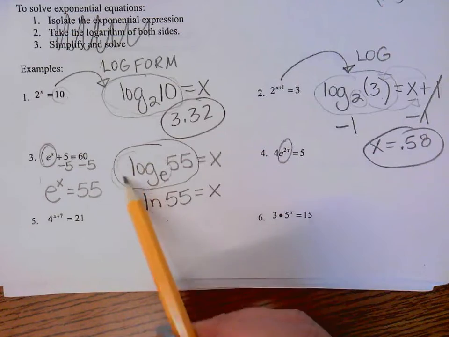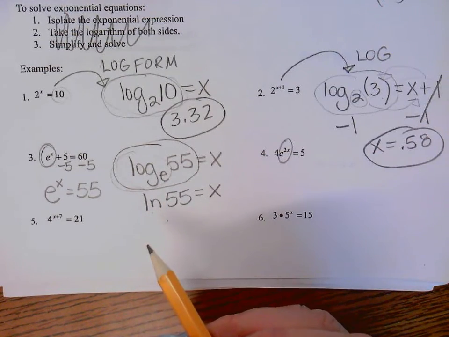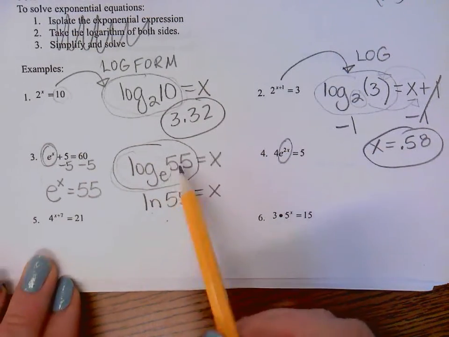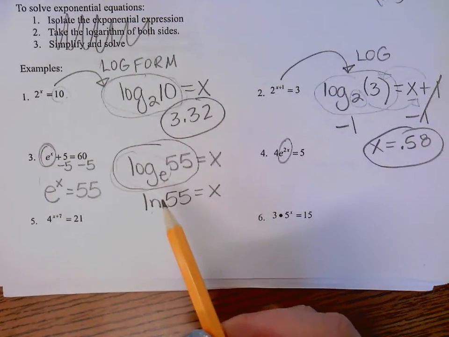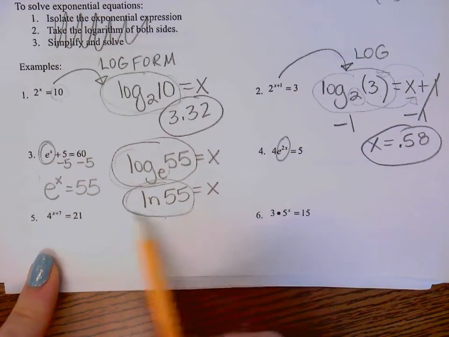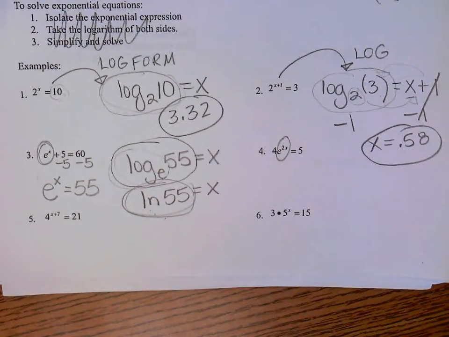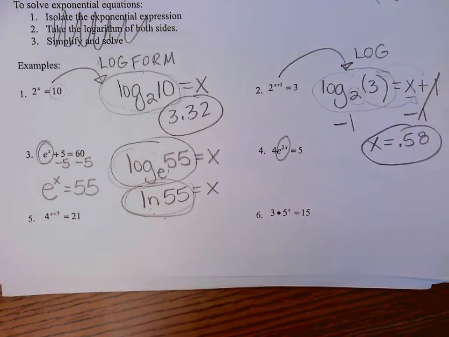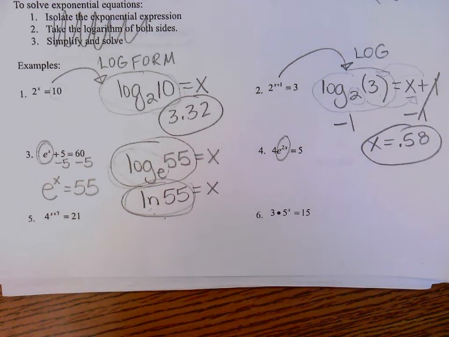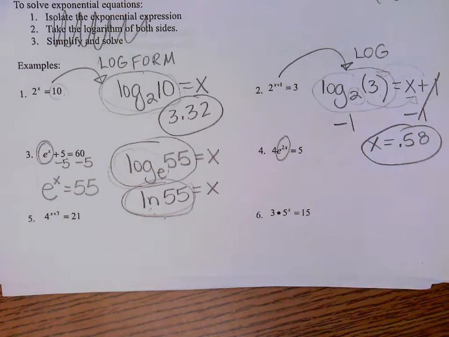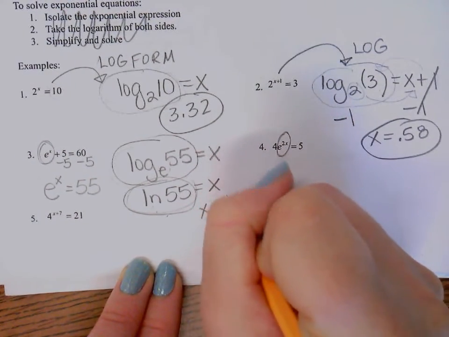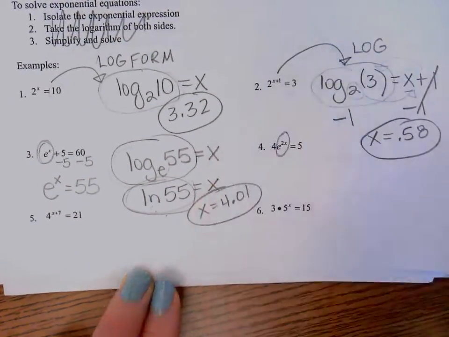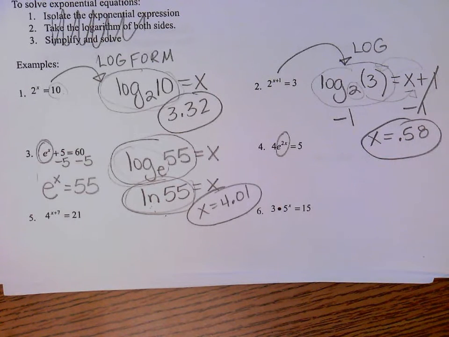That kind of looks like you don't know what you're doing. It's fine if you write it that way, but I hope you're being more sophisticated when you type it into your calculator. Use that shortcut key, right? Why go change the base to e if that's what that button does? So you just type the natural log of 55, should come out to 4.01. Does that sound right? 4.01. Anyone need help with that one?